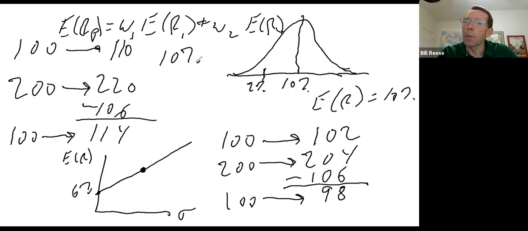Now, asset number 2 is the bank. And when I borrowed money from the bank, the return was at 6%. So my expected return, or you could call it the risk-free rate if you want to, that's fine, is going to be 6%, okay? So now here's the key. When I put all my money into asset number 1 and I borrowed $100 from the bank, that was a weighting of 2 onto the risky asset.